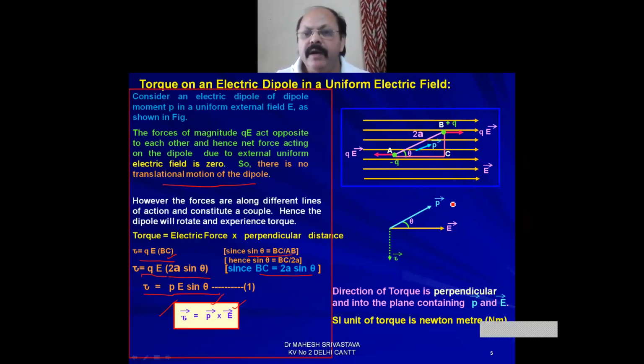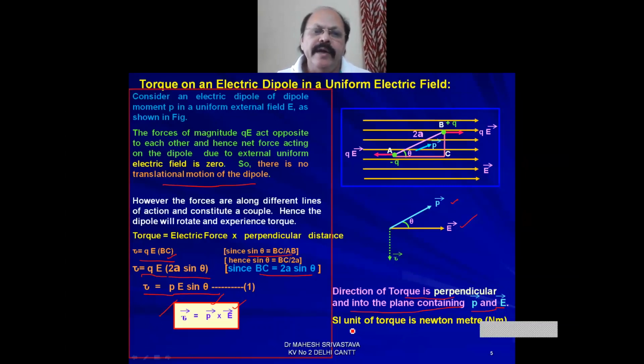This is the P vector, this is the E vector, they are at angle theta. So when the electric dipole rotates in the electric field, the direction of the torque is perpendicular and into the plane containing the P vector and E vector.